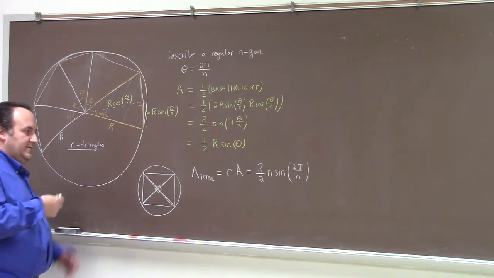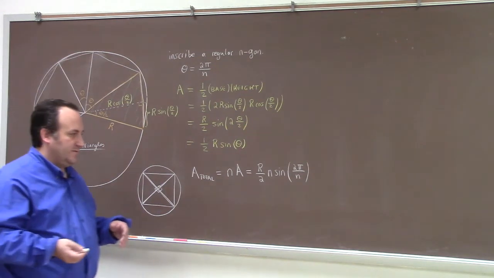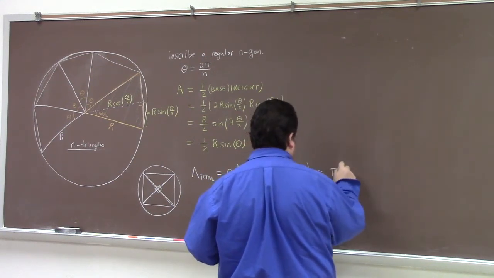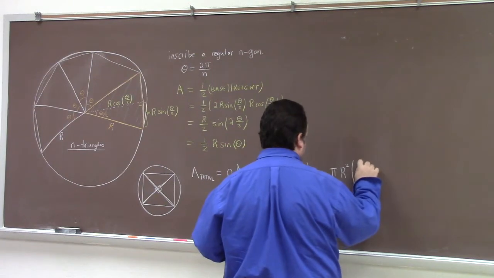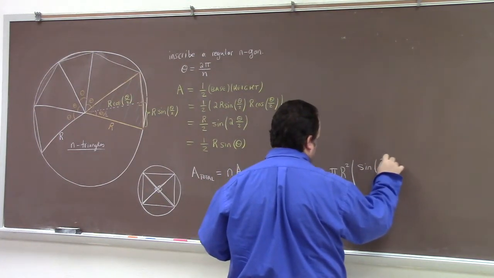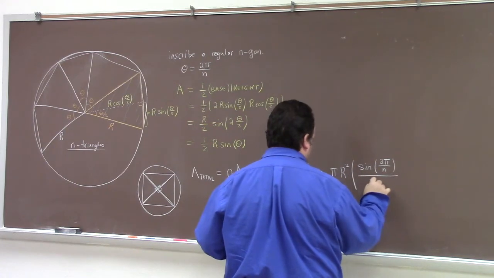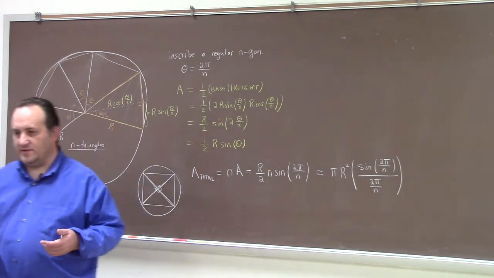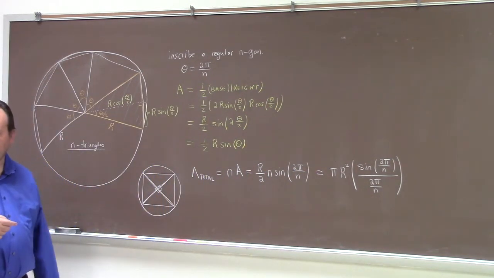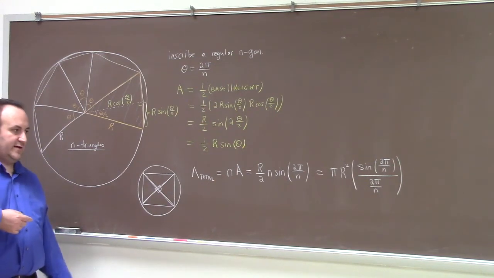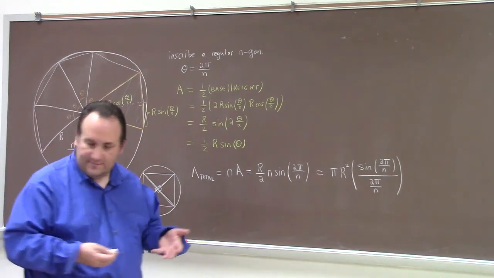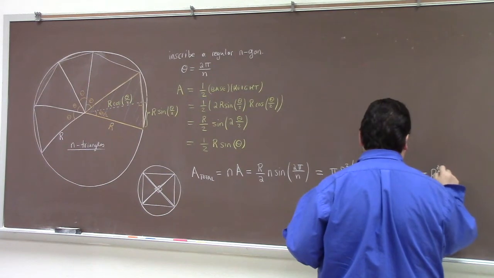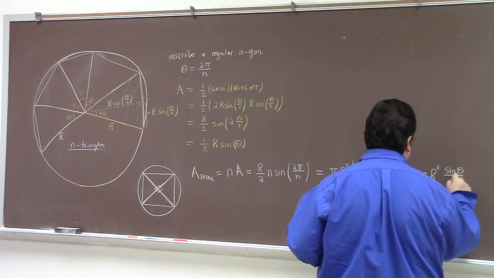Let me just point out that you can rewrite this as pi r squared times sine of 2 pi over n divided by 2 pi over n. See, I kept the 2 downstairs, and I multiplied and divided by pi. The reason I did that is so that now I've written the expression in terms of theta, right? So we've got pi r squared times the sine of theta over theta, right?